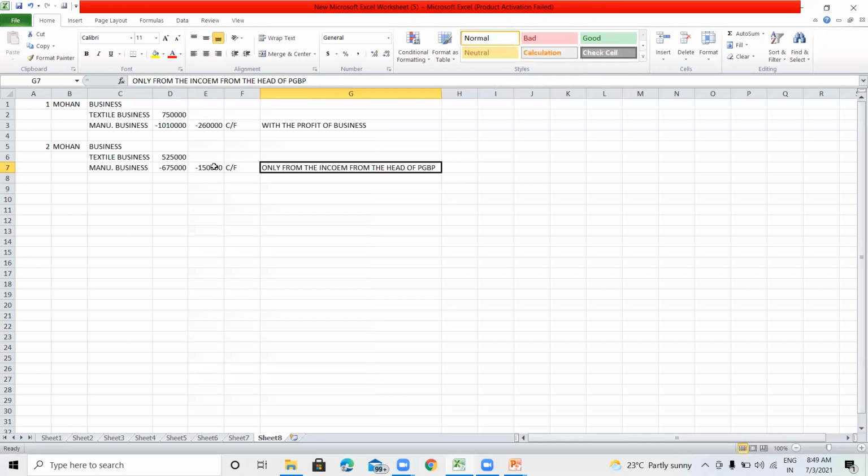It will not be set off under any other head of income. Only in the relevant previous year is it allowed to set off against any head of income. But once the loss is carried forward, then after the carry forward it will be set off only with the same head.